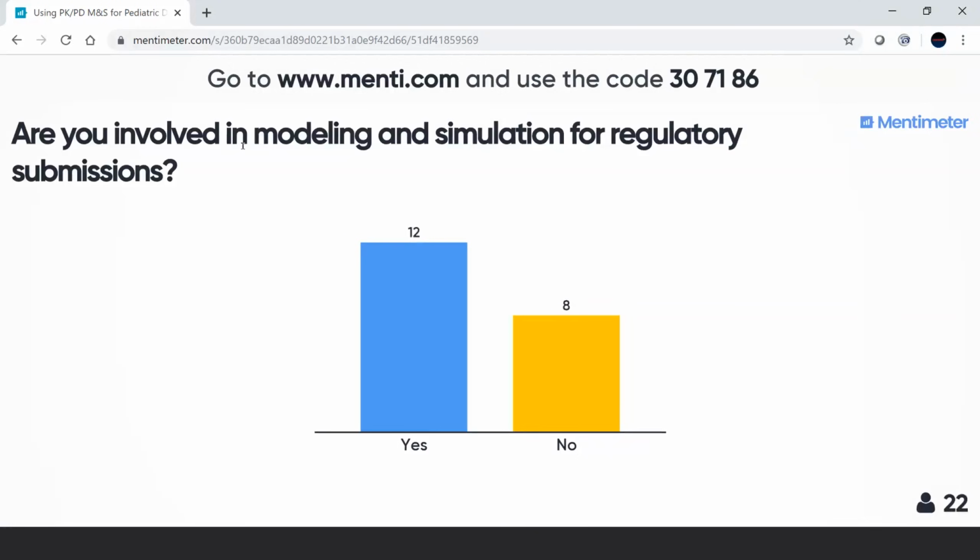So it seems at least the majority are involved in regulatory submissions and in modeling and simulation. It's good to see, and hopefully this is also helpful for those people who are not involved. Okay. Thanks, Susanna. So quite interesting results there.